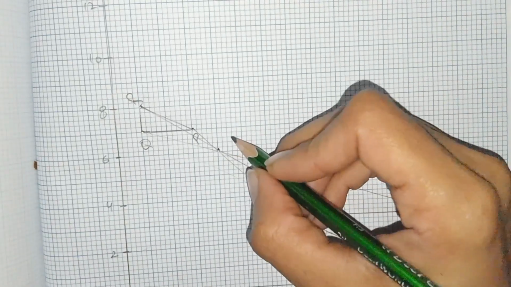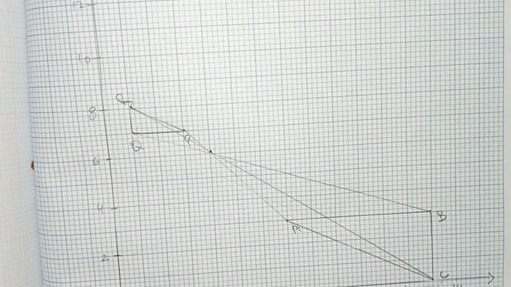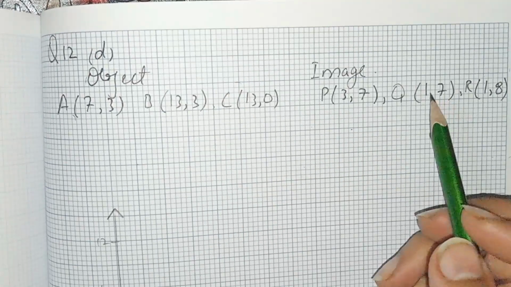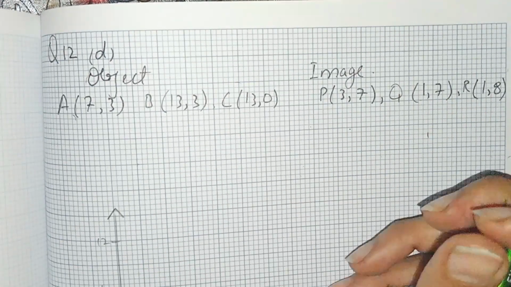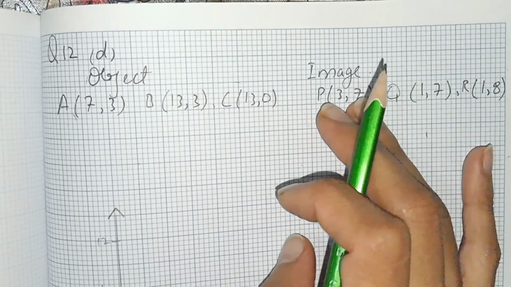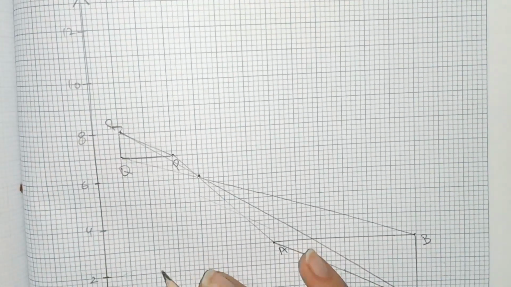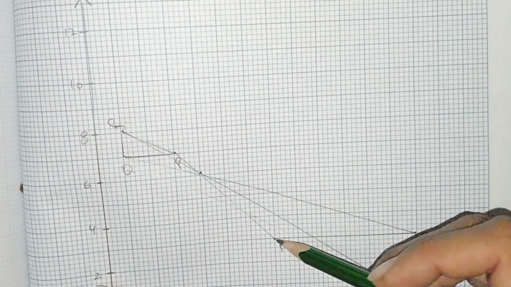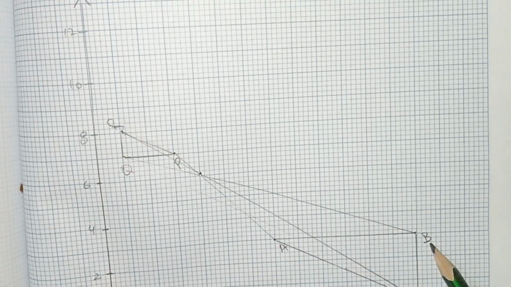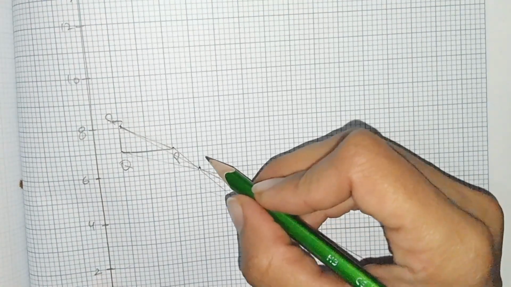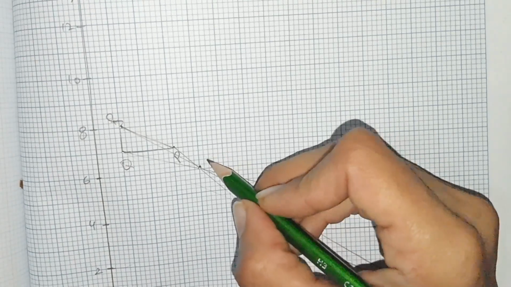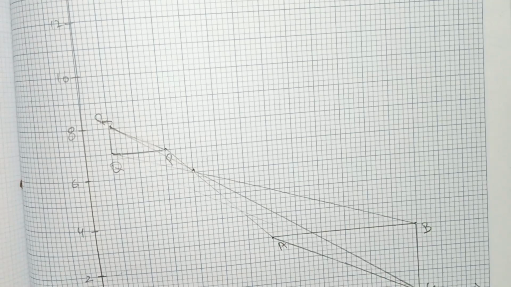And this is the center of enlargement. You can also guess which points you have to match. We have to match A with P, B with Q, and C with R. From the triangle, you also observe that P is the image of point A, R is the image of C, and Q is the image of B. And this is the center of enlargement, and this is 4 and 6. The coordinate of the center of enlargement is 4 and 6.